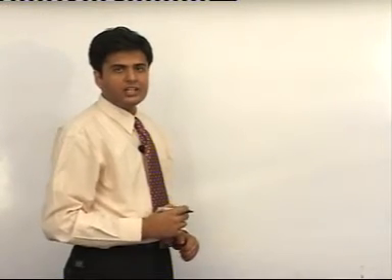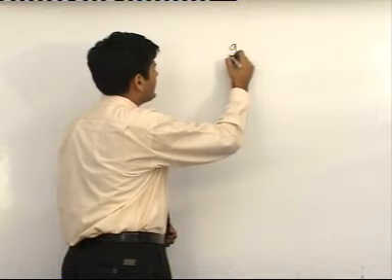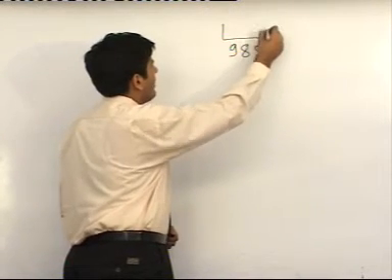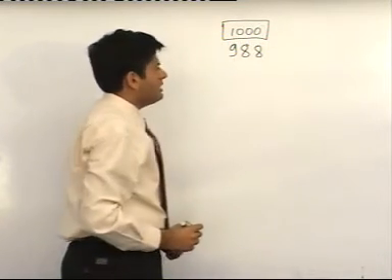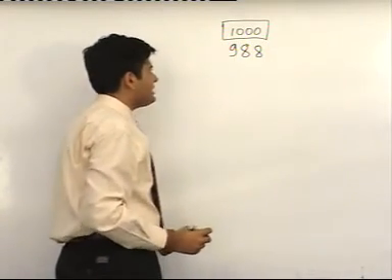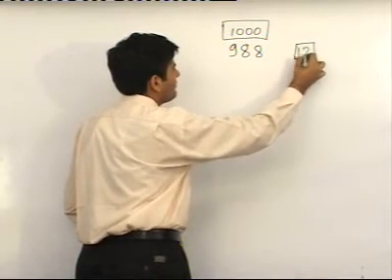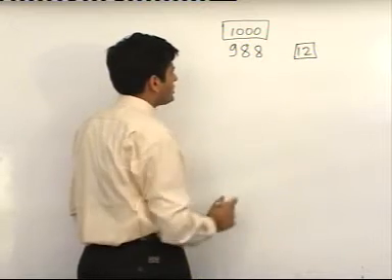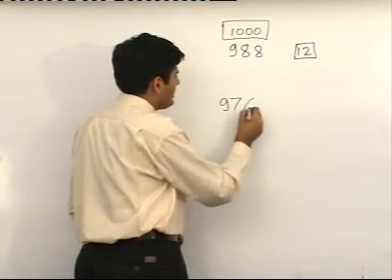Similarly, if we want to find the square of say a 3-digit number, we can do it by the same method. Let us find the square of 988. Base is 1000. Difference between 1000 and 988 is 12, which we'll put in a box over here. So first, 988 minus 12 will become 976.